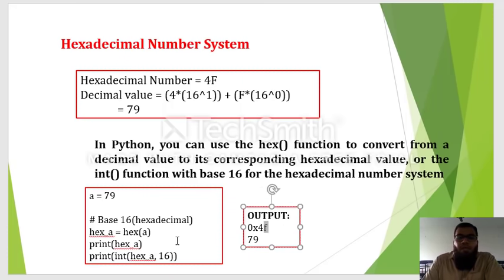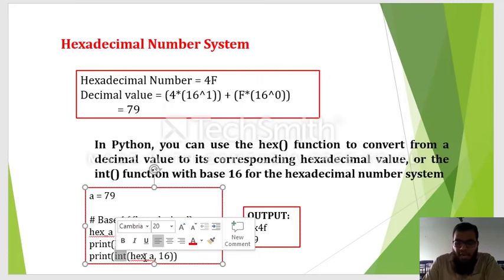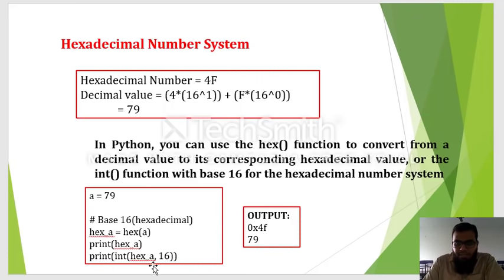Similarly, like we did in the last two examples, if you want to convert this hexadecimal number again into an integer value, the only thing you need to do is call the int function again. While giving the parameters, I'll give the first parameter as hex_a. What does hex_a contain? The hexadecimal form of 79.